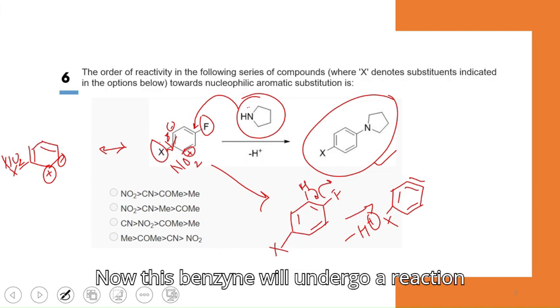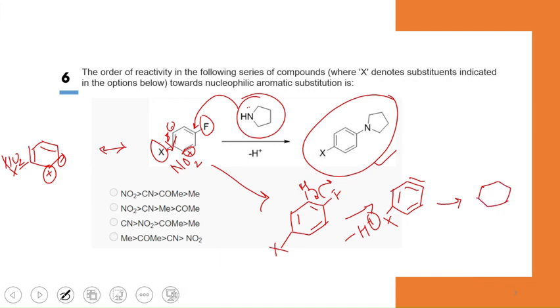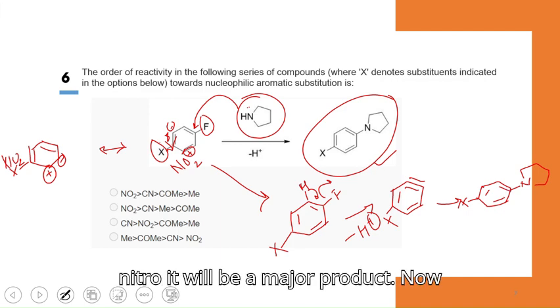Now this benzyne will undergo a reaction to form a para substituted major product. Okay, so in case of nitro, it will be a major product.